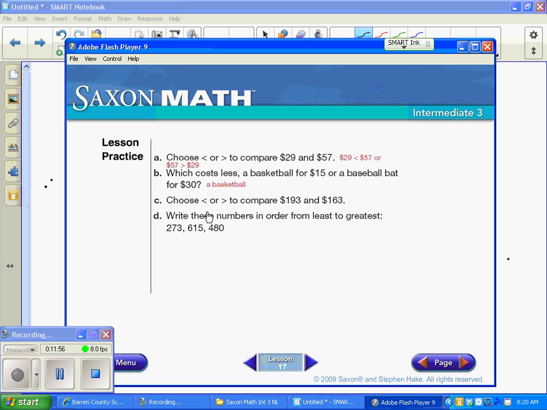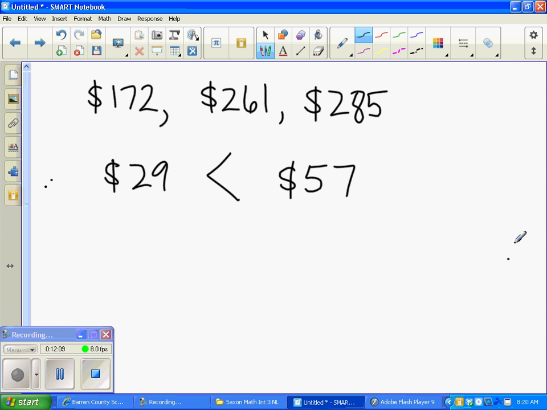Okay, C, choose. How do I say that? Less than or greater than to compare $193 and $163. Okay, so I have to write $193 first because that's what they mentioned first, and $163. What symbol should I write, Logan?